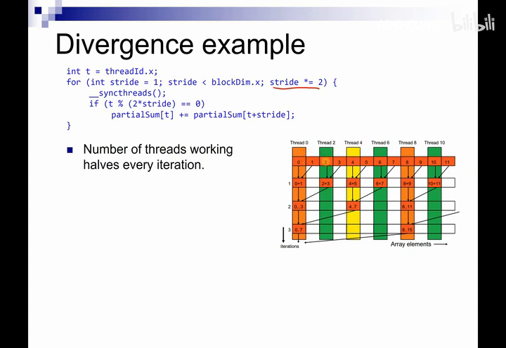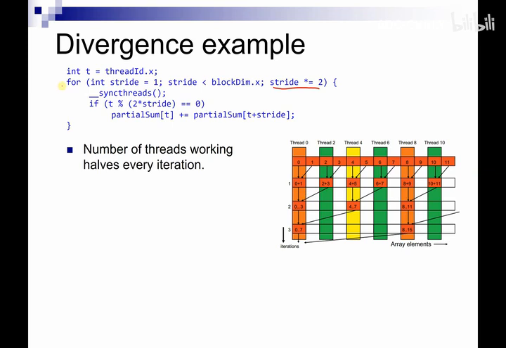We pair 0 and 1, and then 2 and 3. Next we pair threads which are distance 2 apart, so we pair 0 and 2, 4 and 6, and so on. After that you pair threads which are distance 4 apart. So that is a stride: how far apart your partner is. And you see that the stride doubles every time.